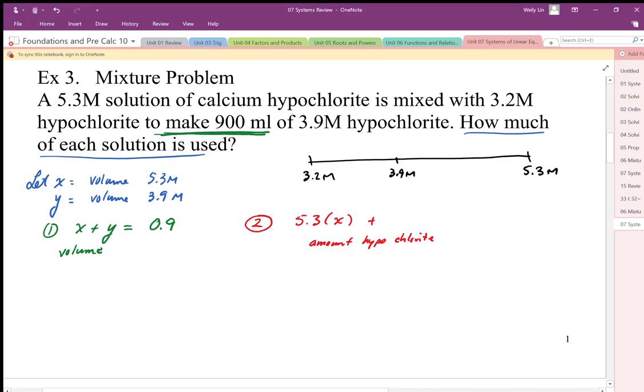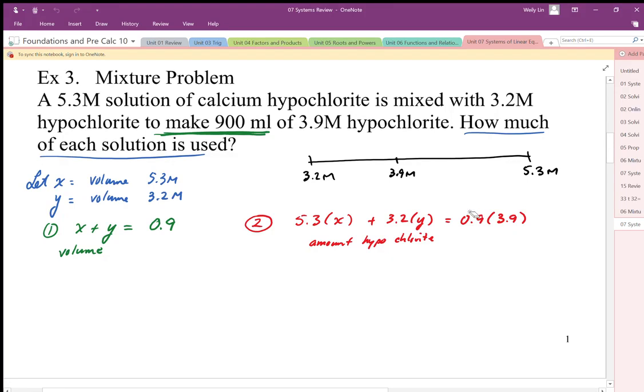So I'm going to take the volume of the 3.2 molar hypochlorite, multiplied by its concentration, 3.2 molar times the volume Y. And this is going to equal the total amount of hypochlorite, which we calculate by the volume of the 3.9 molar hypochlorite times its concentration.